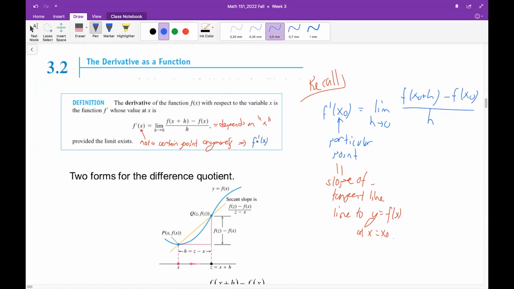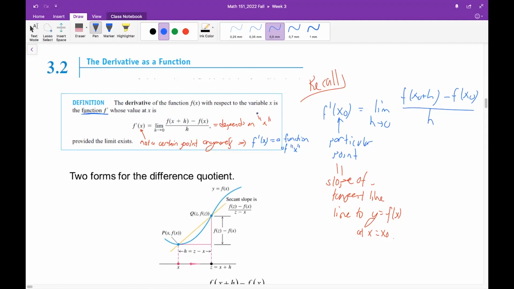That's why, in this case, the result of this limit is in fact a function depending on x. Okay, so this is the limit definition of the first derivative function. It is a function now.